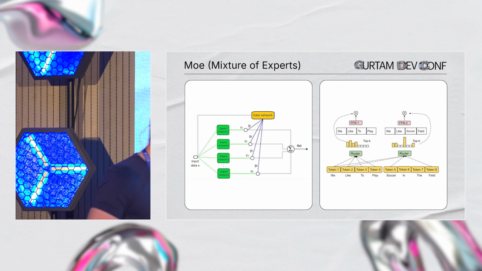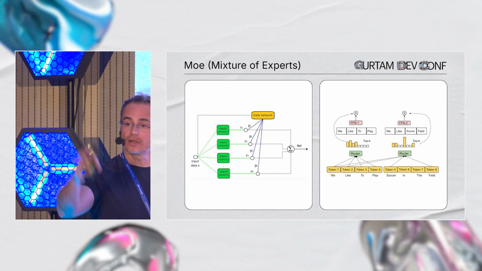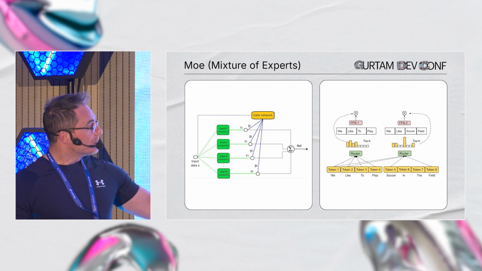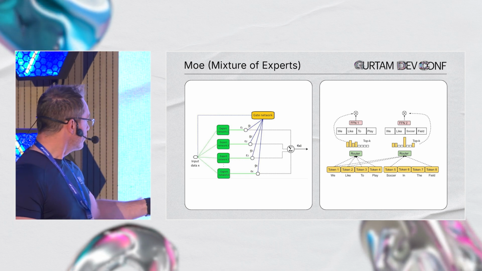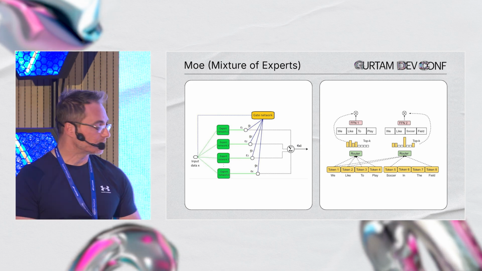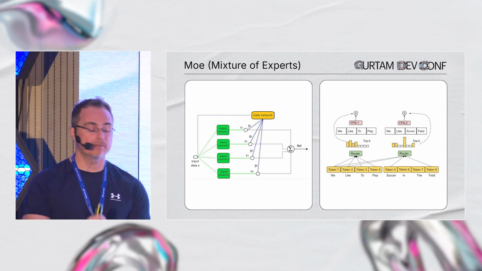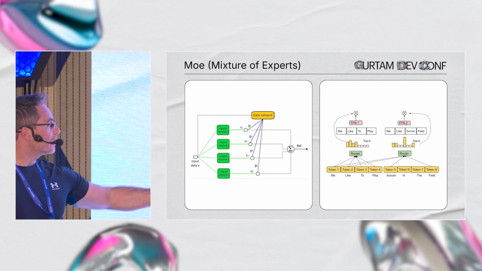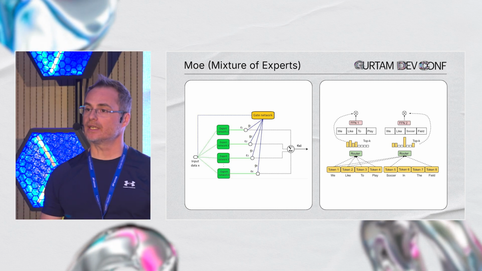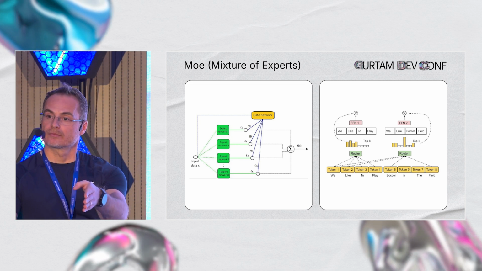For example, one expert could be expert in coding, another in philosophy, another in math, and so on. There is a kind of router, not just at the beginning, but for each layer, for each node, that works like a gate. Based on how it was trained, it switches to the best route.